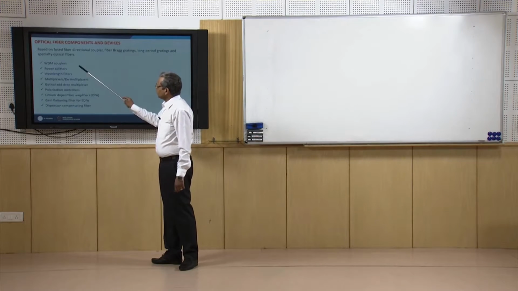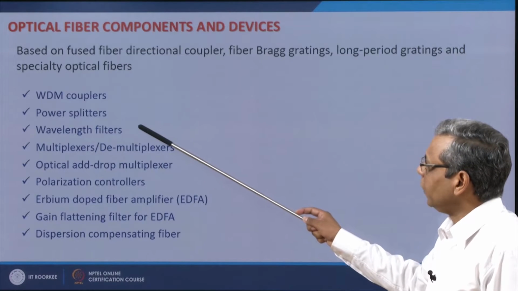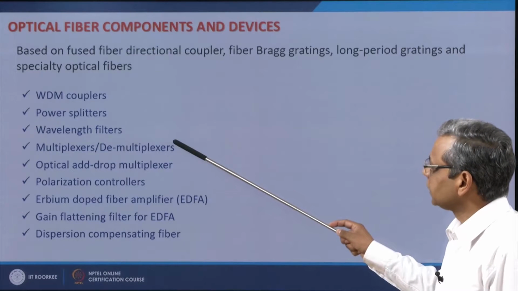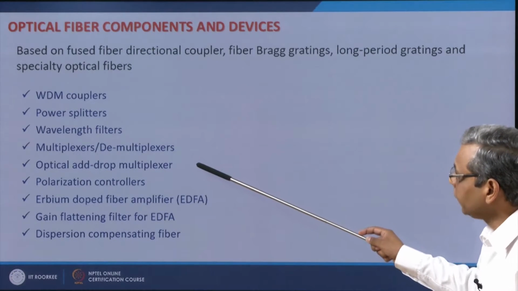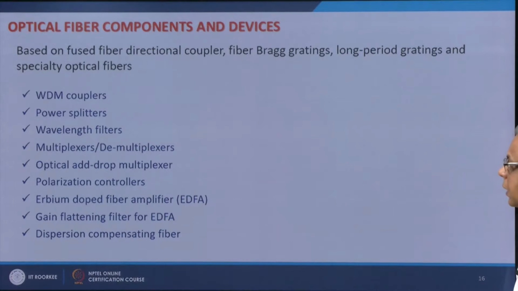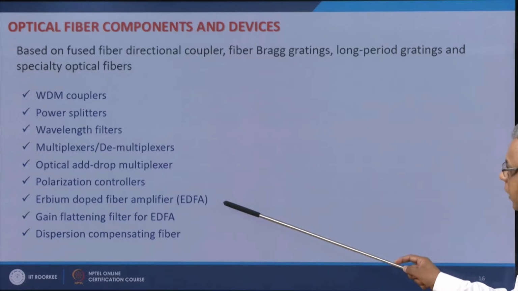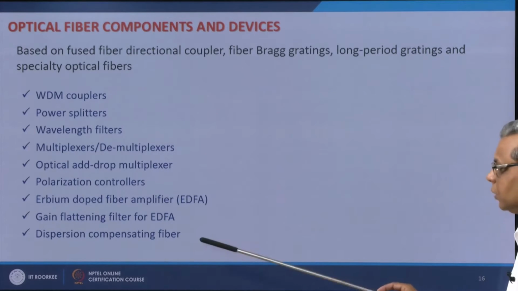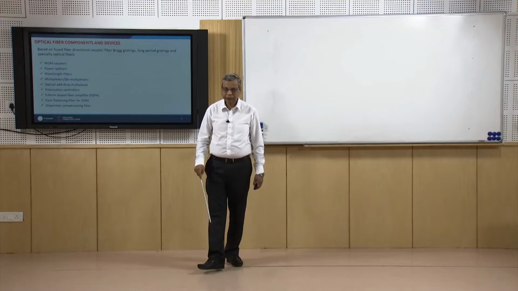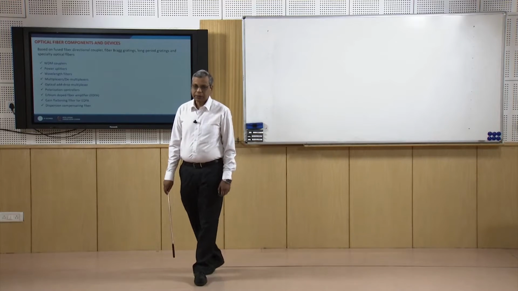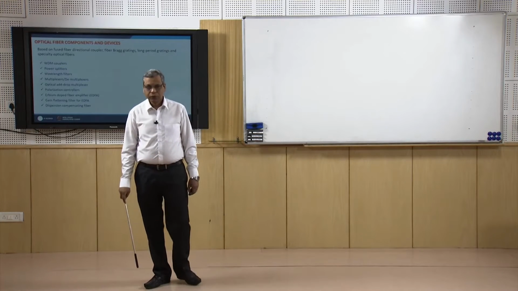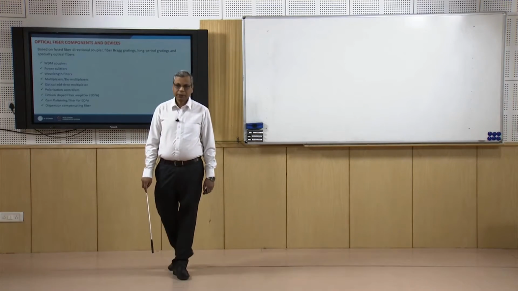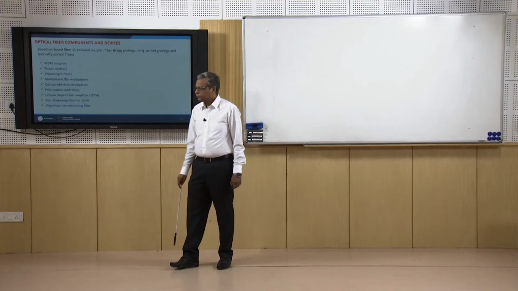They are WDM coupler, power splitters, wavelength filters, multiplexers, demultiplexers, optical add drop multiplexer, polarization controllers, erbium doped fiber amplifier or EDFA, gain flattening filter for EDFA and dispersion compensating fiber. So, these are some typical fiber based components that are used in optical telecommunication system.